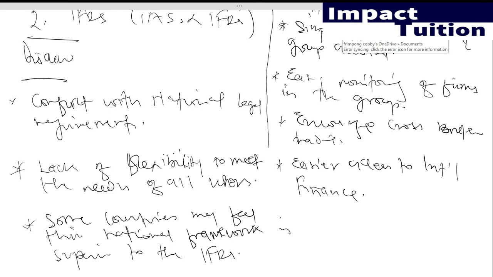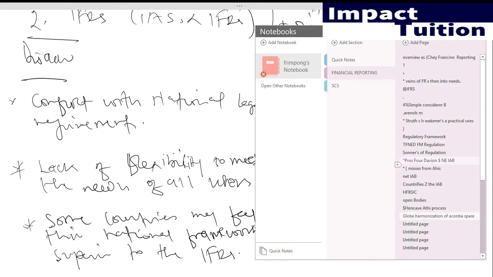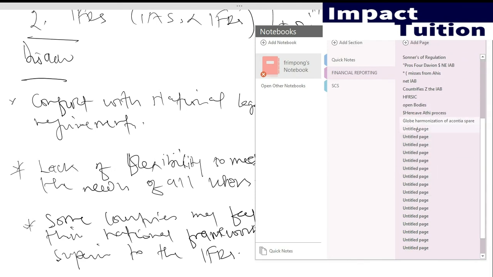Our next discussion is on financial reporting and corporate governance.